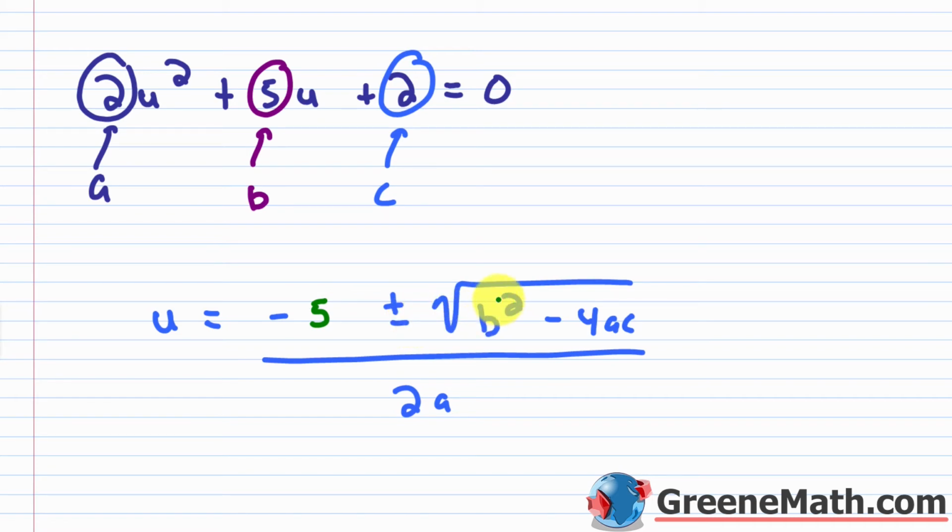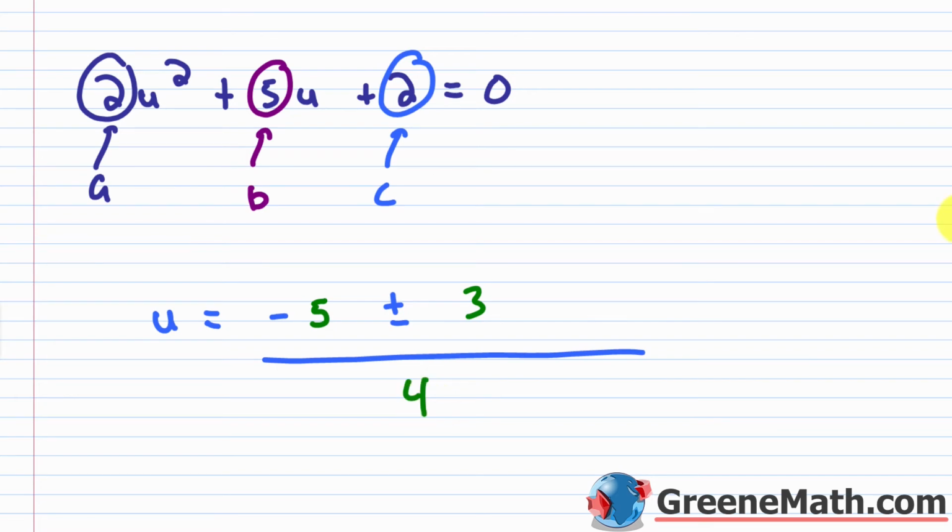Again, b is 5, 5 squared is 25. Then minus, you've got 4 times a times c. A is 2 and c is 2. So you have 4 times 2, which is 8, times 2 again, which is 16. If I did 25 minus 16, I'd get 9, and the square root of 9 is 3, okay? Down here, you have 2 times a again is 2, so this is 4.